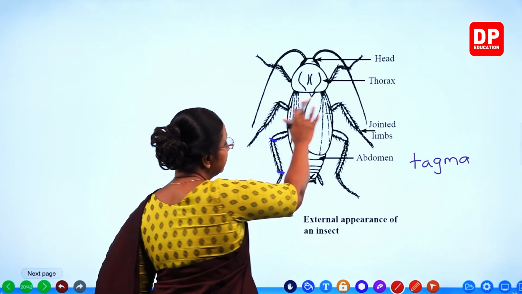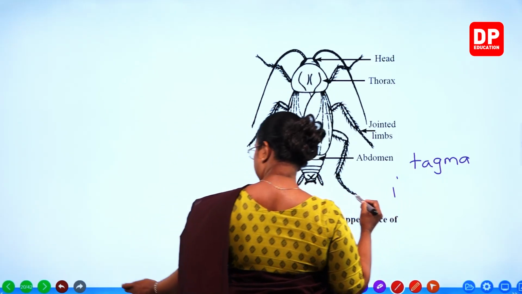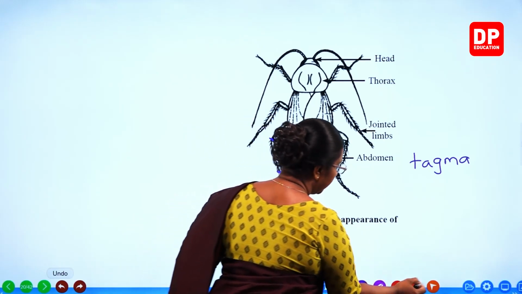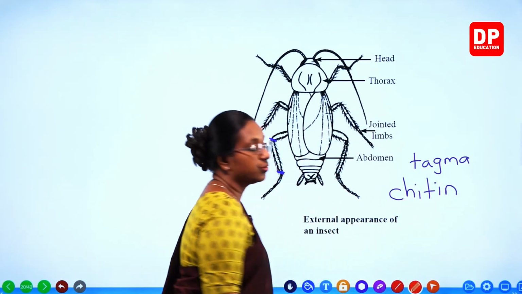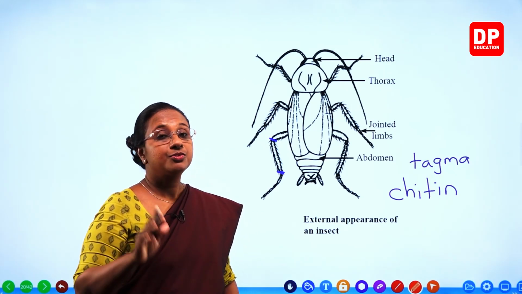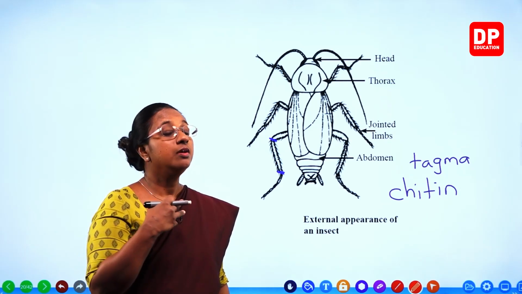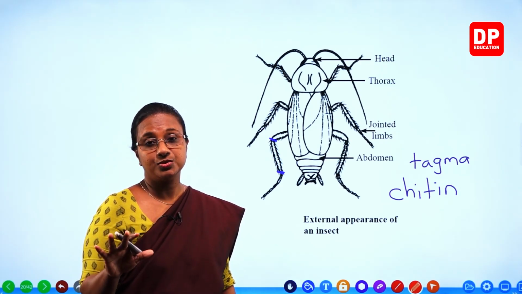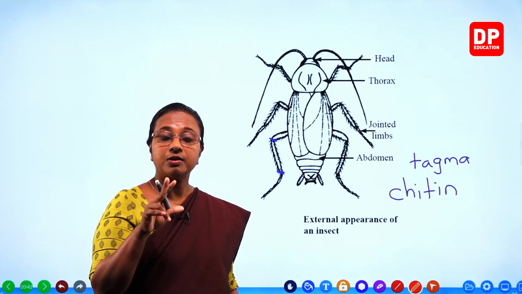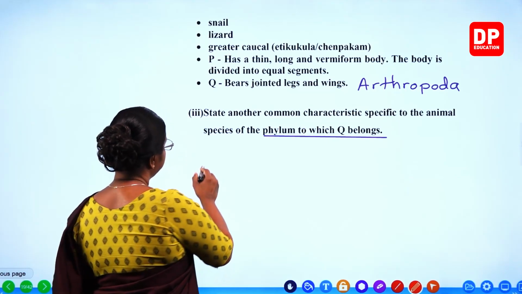Now, these wings and even the skeleton are made up of chitin, the chitin exoskeleton. So that is another common property. Even the crab, prawn, spider, all of them contain this chitin exoskeleton. So those two are common characteristics. That is what we need to write here.